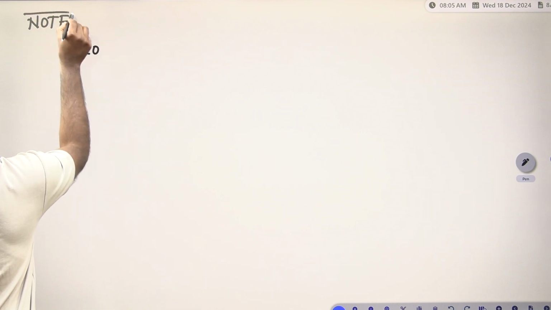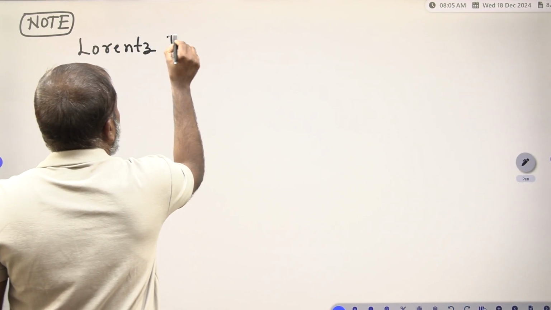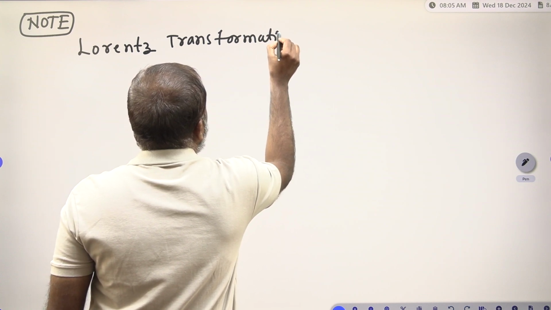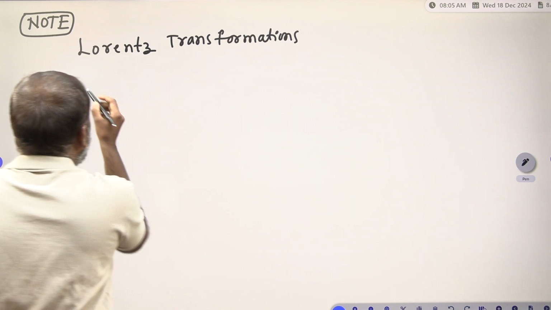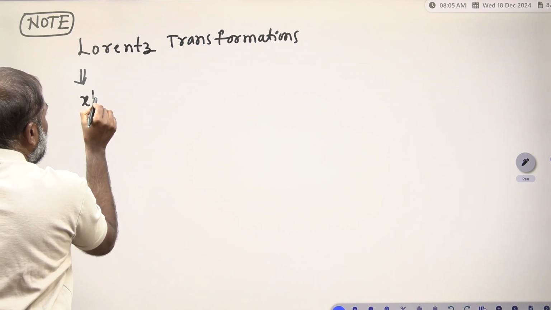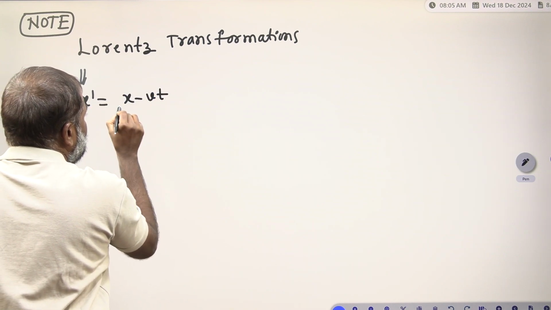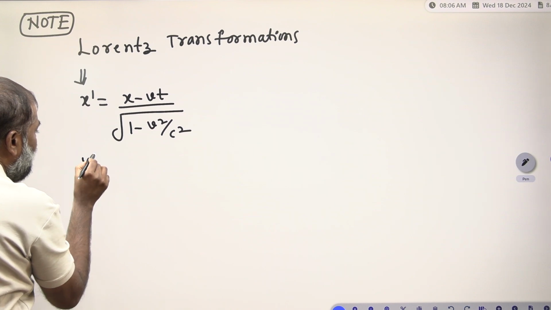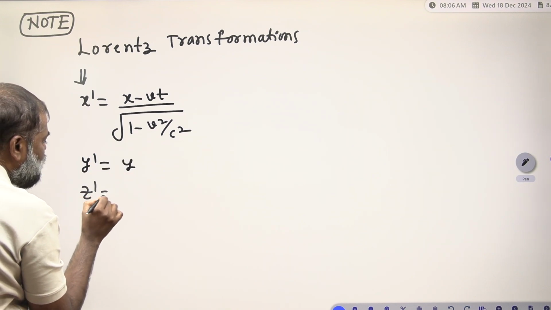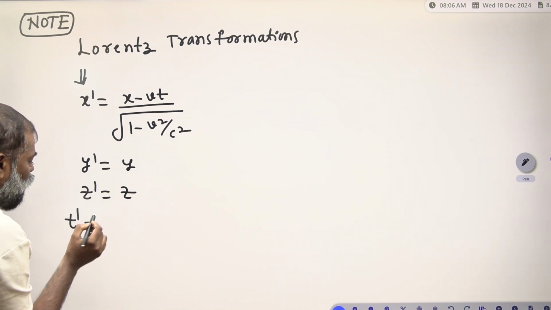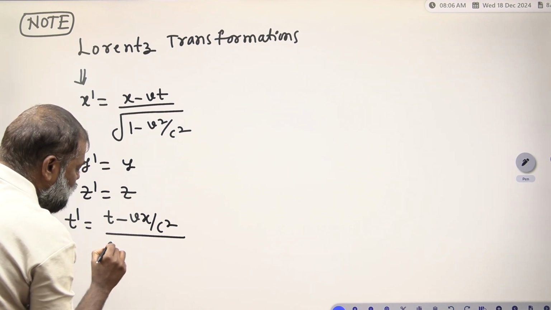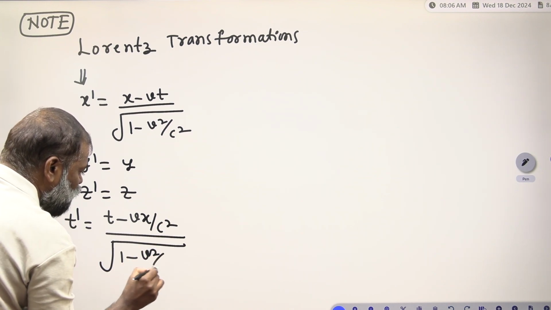What are they? x dash is equal to x minus vt divided by square root of 1 minus v square by c square, y dash is equal to y, z dash is equal to z, and t dash is equal to t minus vx by c square divided by square root of 1 minus v square by c square.